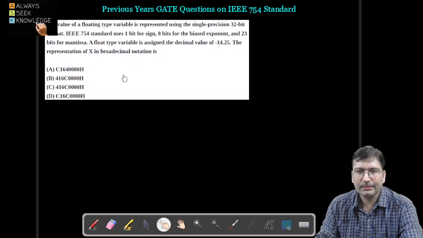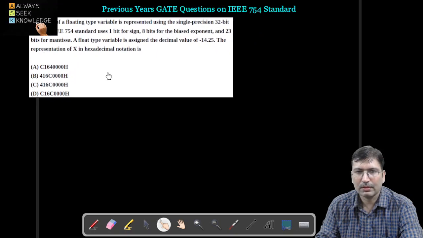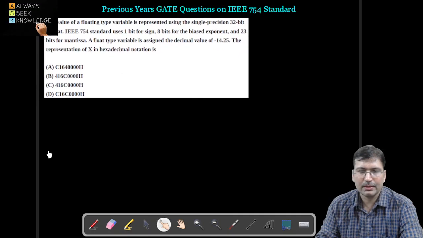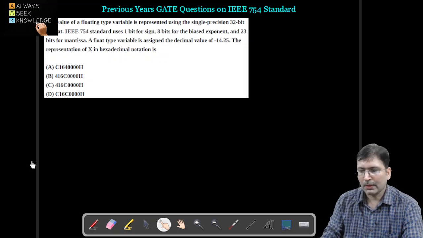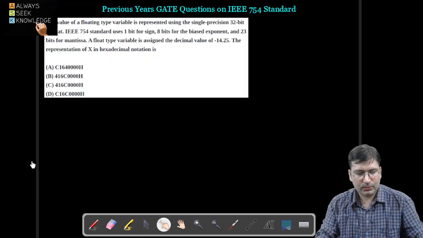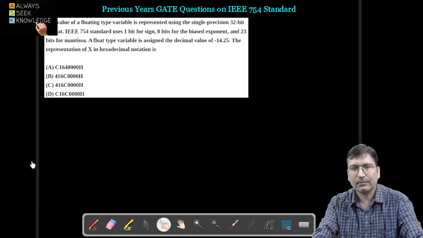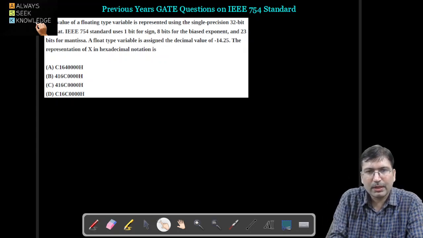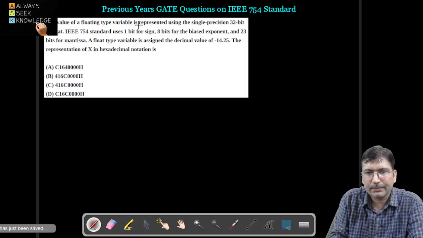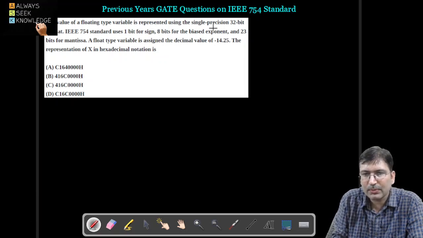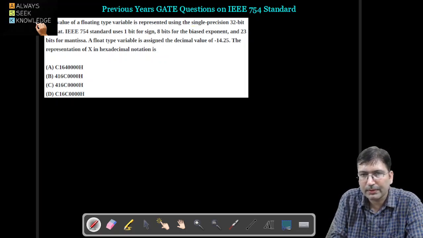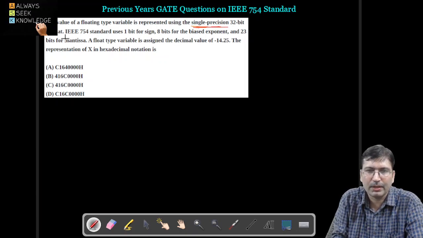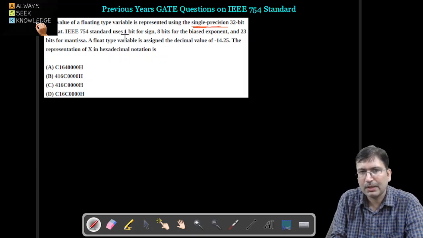In this question, try to read it carefully. The value of the floating point variable is given using the single precision 32-bit format, IEEE 754 standard.